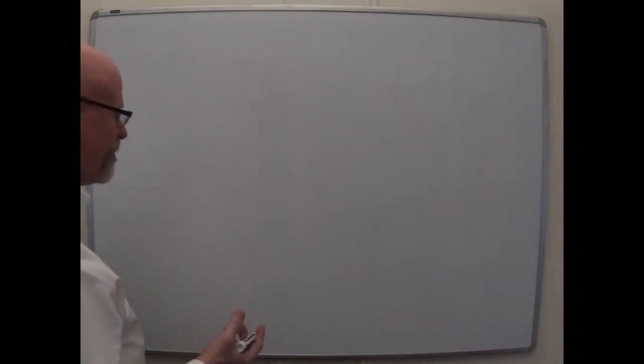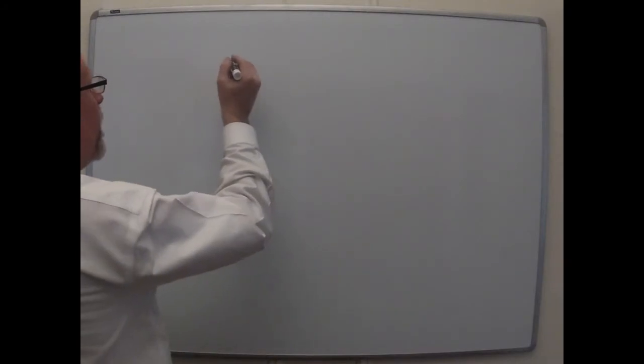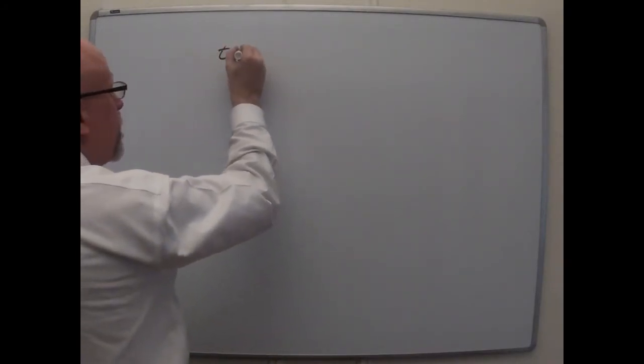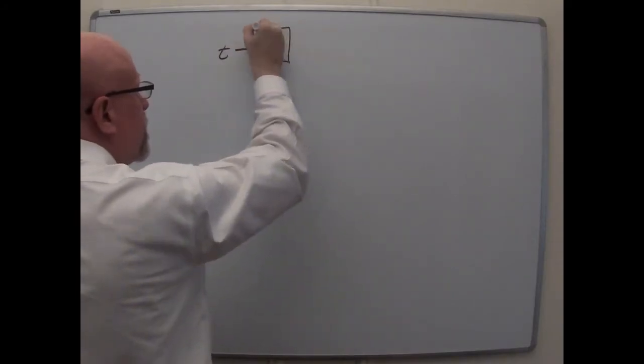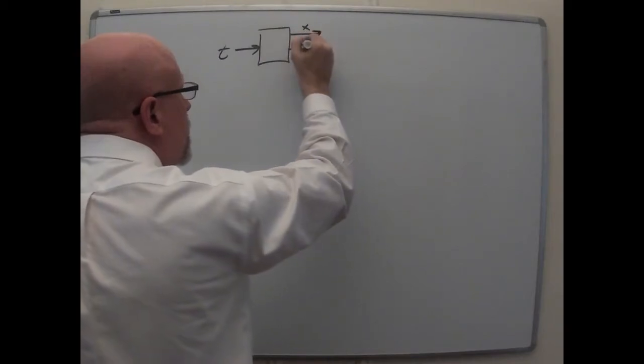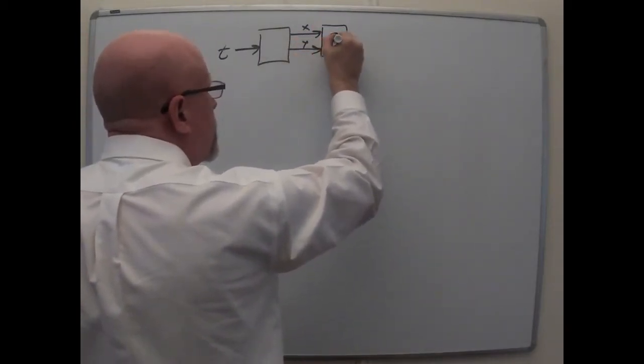So I think it would be smart for us to do an actual example of this, because we can. So I'm going to make this setup here where we have t feed into a function that gives us a vector's worth of outputs, an x and a y, and those guys go into another function.